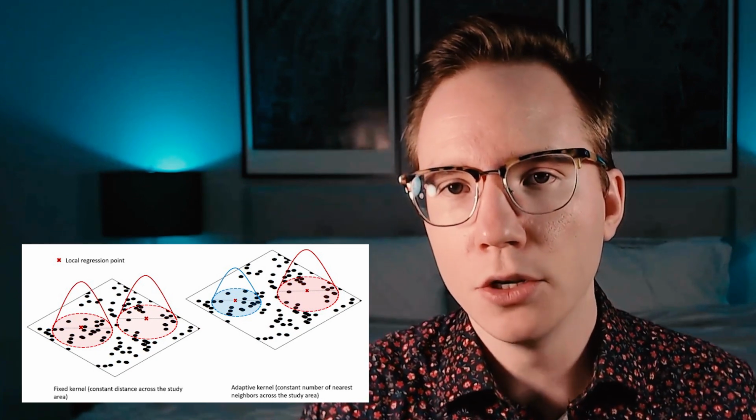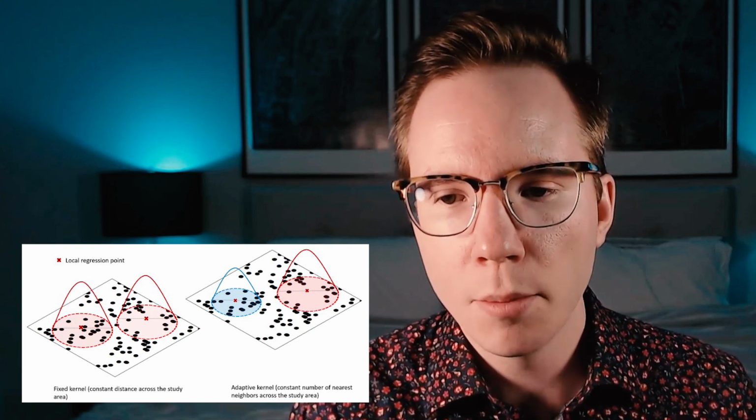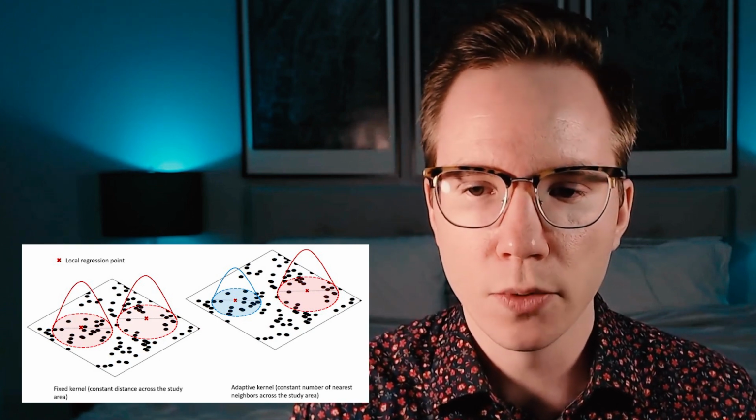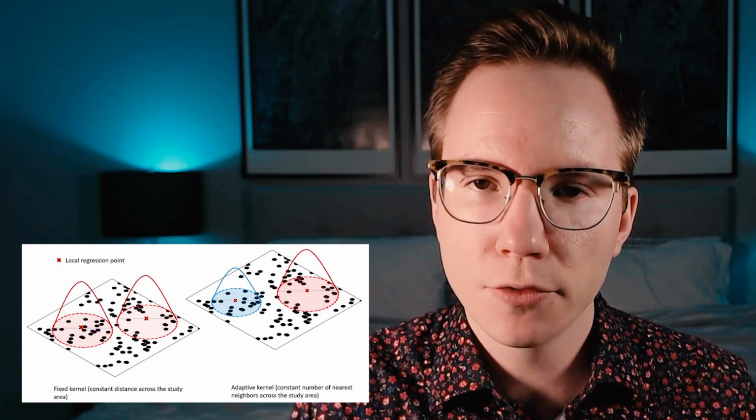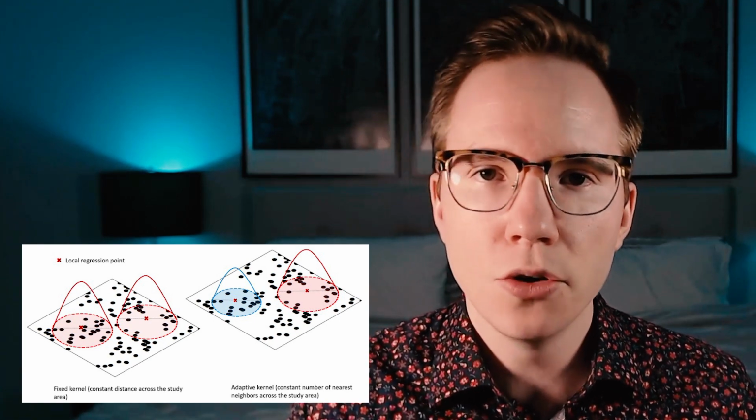On the other hand, we can use an adaptive kernel, which changes the window based on the number of points within the window. So an adaptive kernel will always have the same number of points used in the calculation to create the regression model.